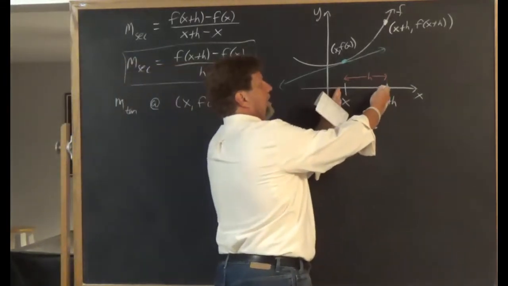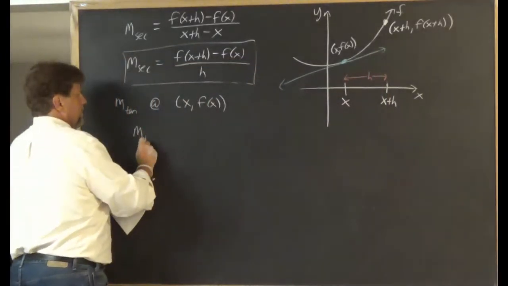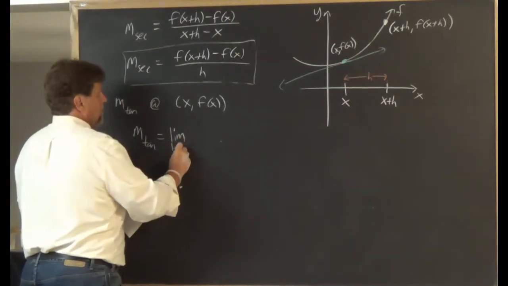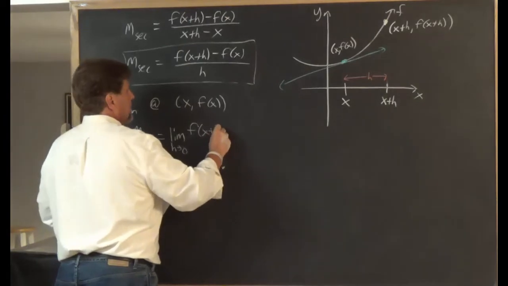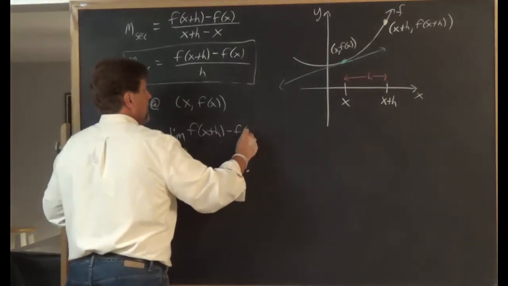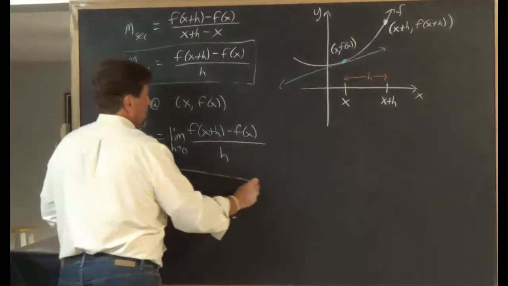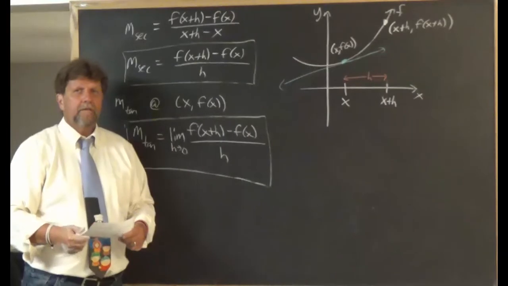We're going to let h approach 0. We're going to do the limit as h approaches 0 of f of x plus h minus f of x all over h. That's true for any x.